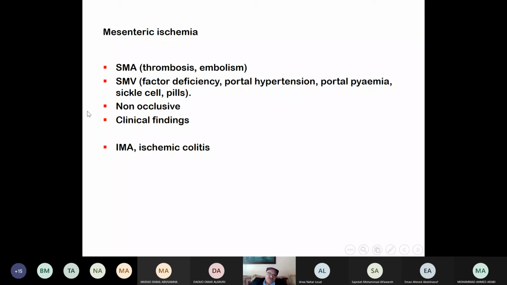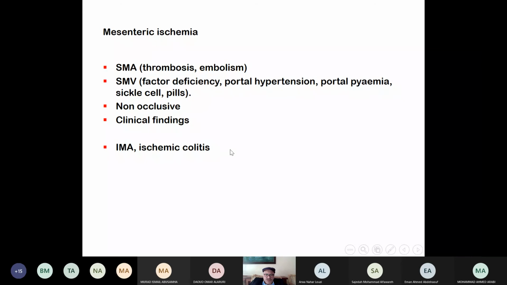The patient will have few hours to be dealt with. If we don't tackle it, the patient will end up with ischemia. While when the inferior mesenteric system is involved, we call it ischemic colitis because it supplies the left colon. Now, the outcome here will depend on the collaterals.